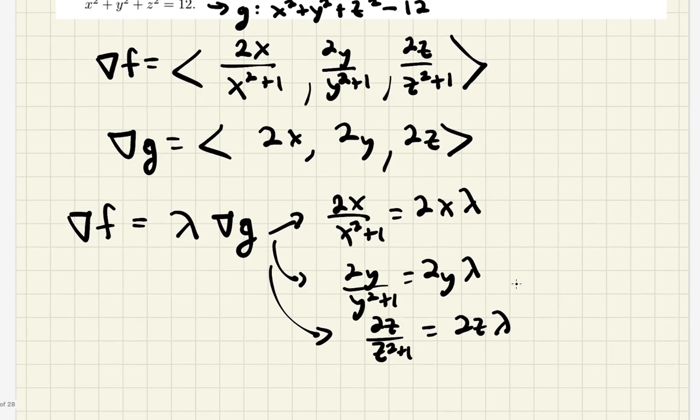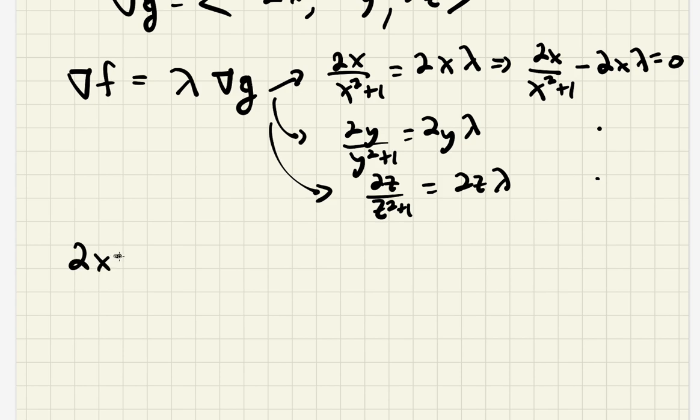We can't just divide by 2x and cancel it out, because we could be dividing by 0 and that's not allowed. So what we'll do instead is set it equal to 0 and factor out. We'll have 2x over x squared plus 1 minus 2x lambda is equal to 0, and the same kinds of equations for y and z.